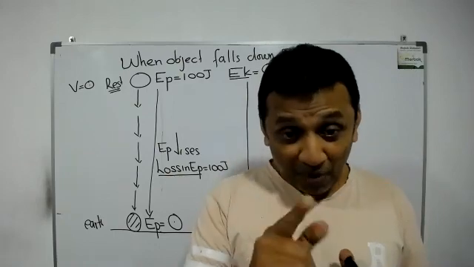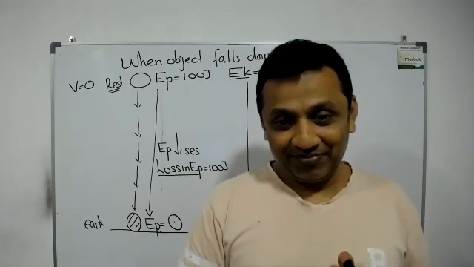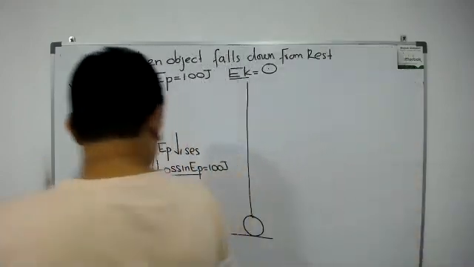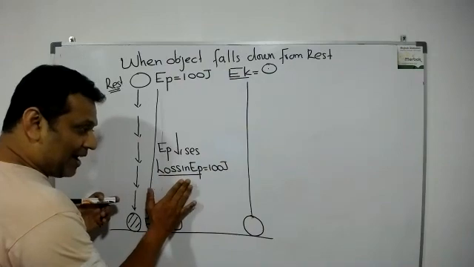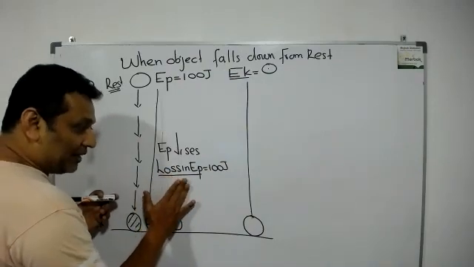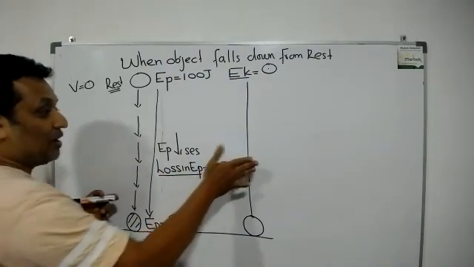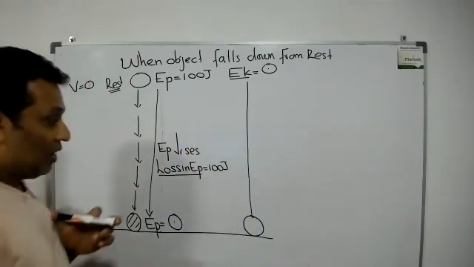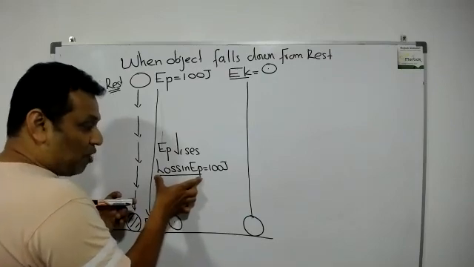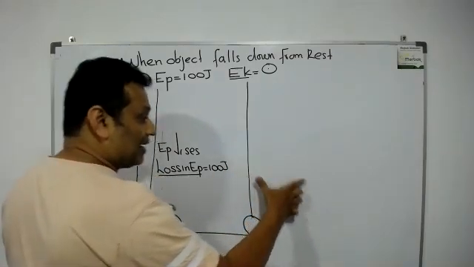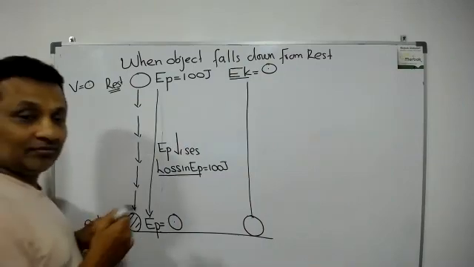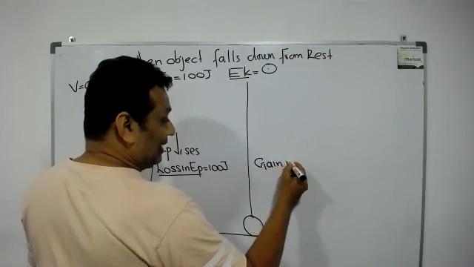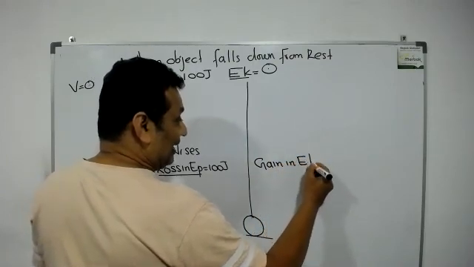Did you mark it? If so, here loss in the potential energy I have marked. What shall I mark here? It is gain in EK.